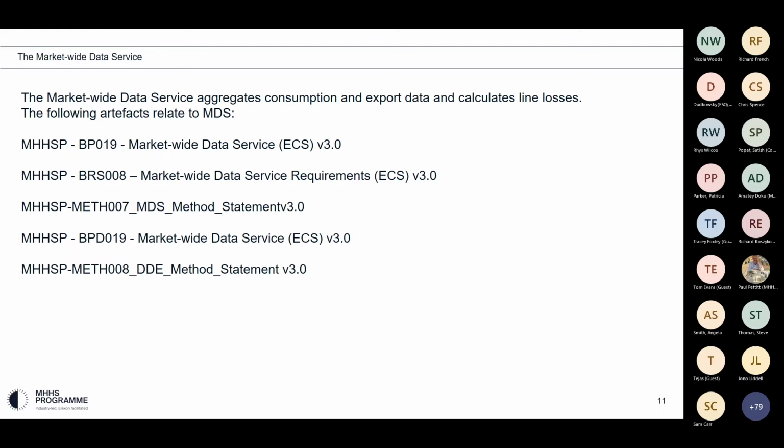The statement that was made there is perfectly true. When the volume allocation service performs calculations during the migration period, it will be receiving files from the existing half-hourly data aggregators and non-half-hourly data aggregators. It will need to undertake those calculations plus the calculations on the data from the market-wide data service, and that data is structured in the same way.